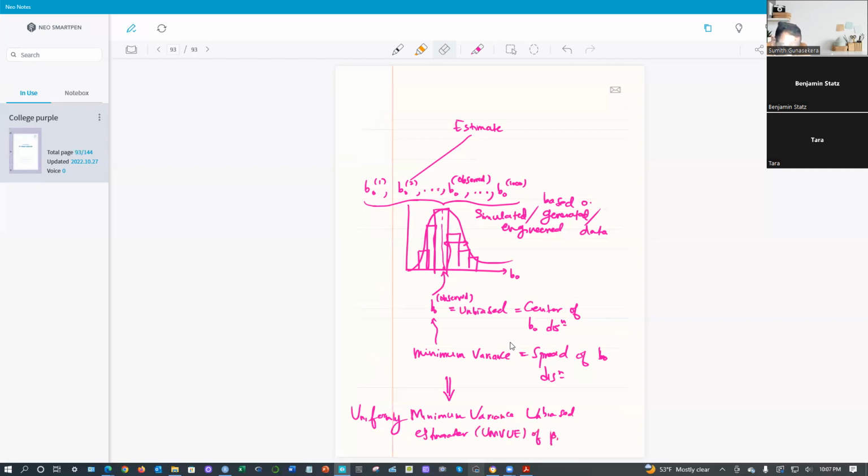And to make it more specific, B naught observed value. Obs means based on your given data.